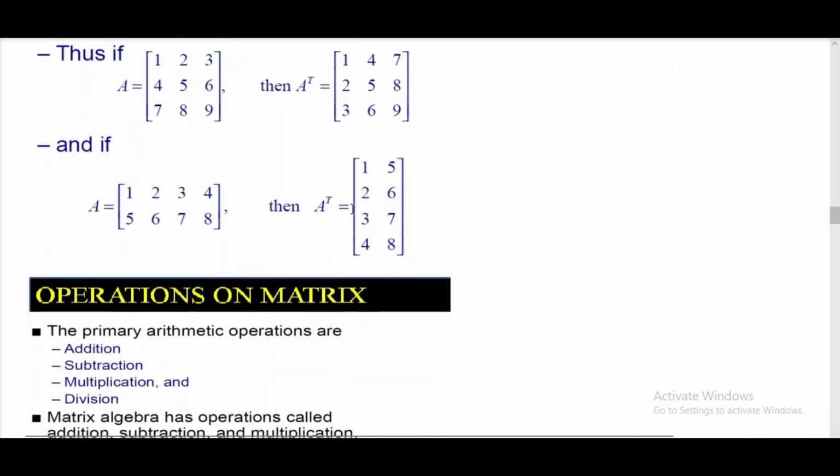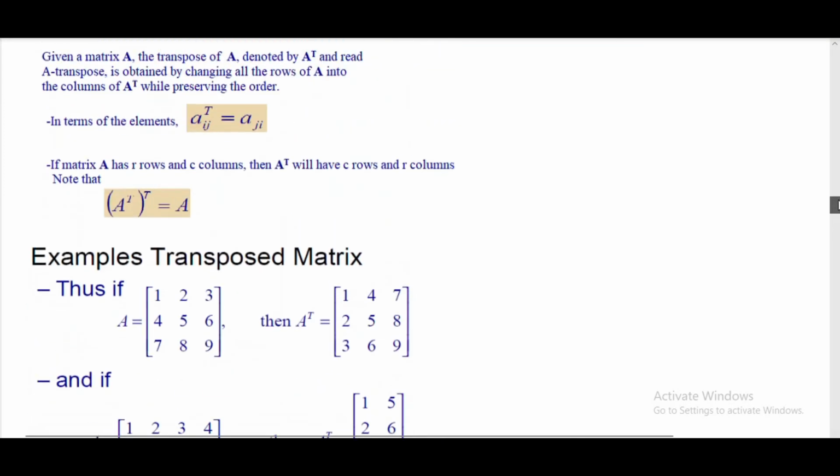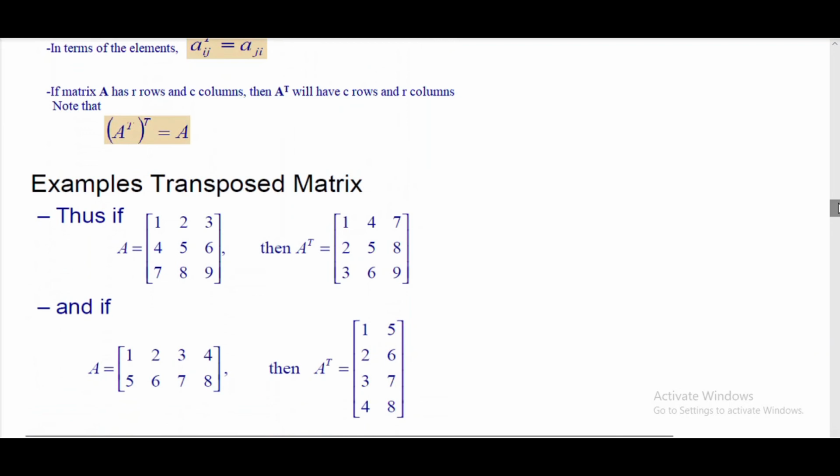Similarly, in another example, the first row will be the first column of AT, and the second row of A will be the second column of AT. So in this way, we can define matrices.